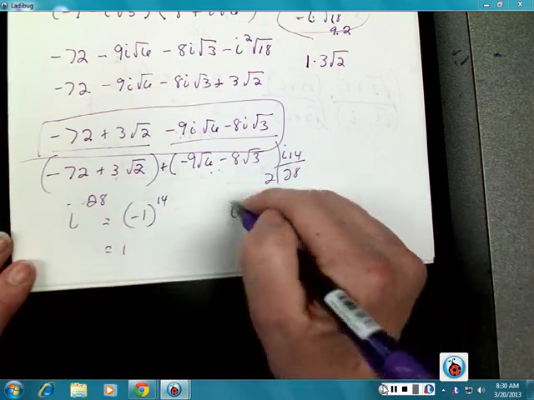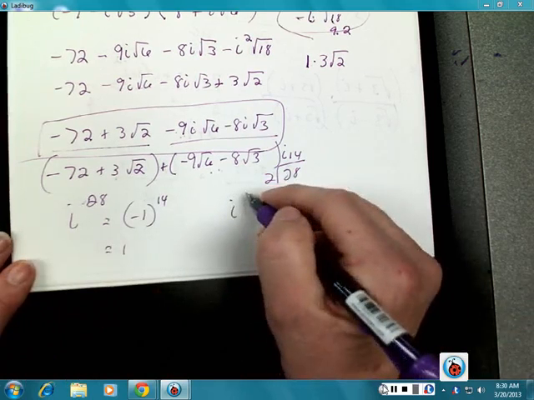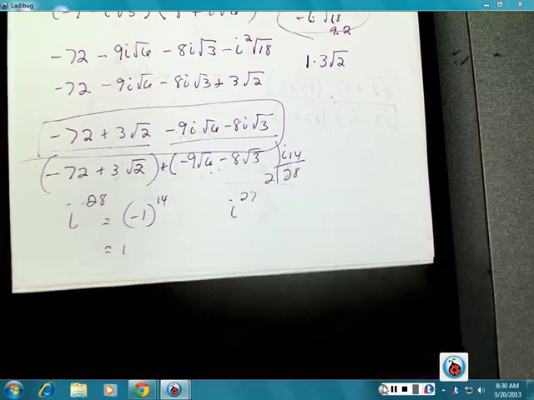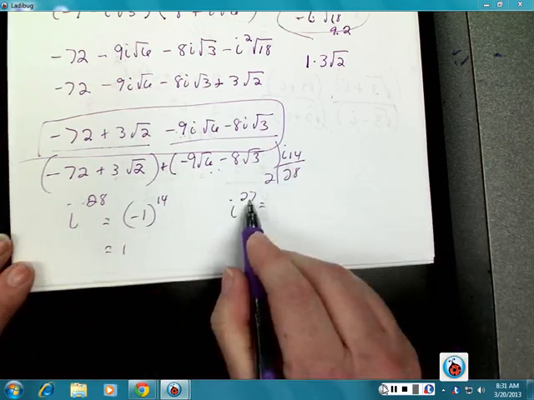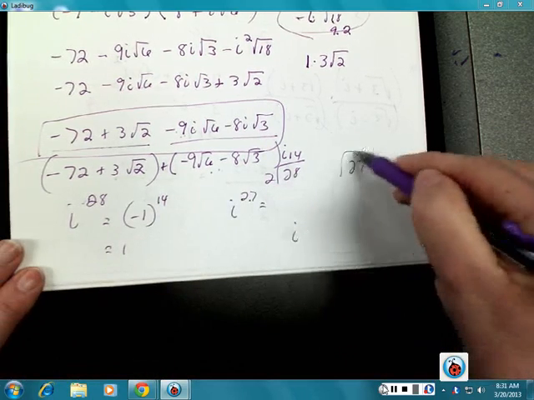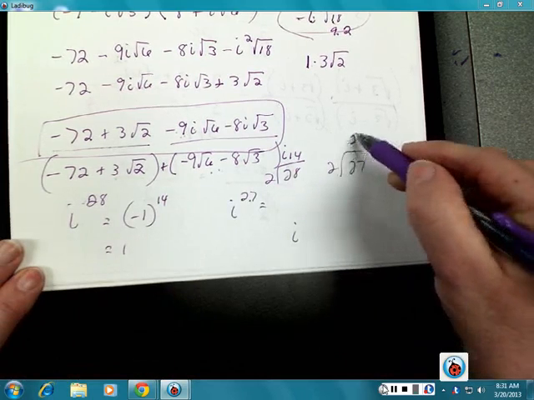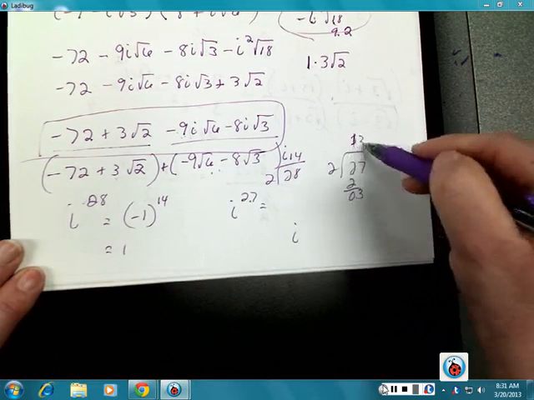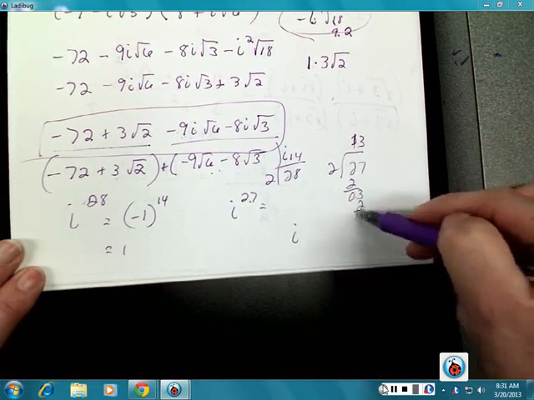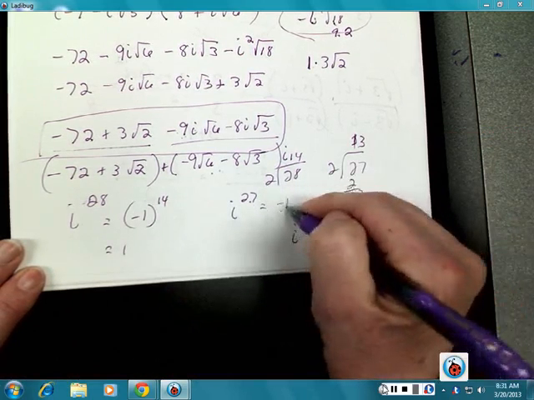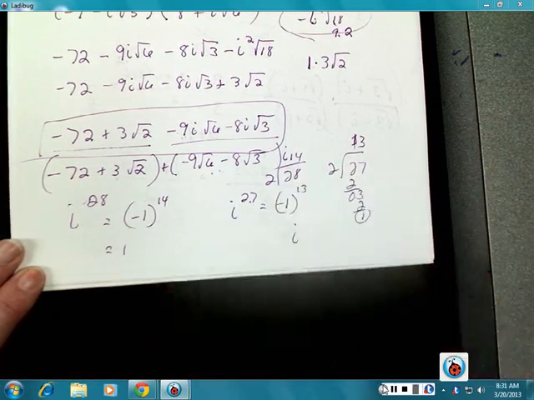An example might be i to the 27th. If I did i to the 27th, 27 is not even, so I know there's going to be an i left over. 27 divided by 2 goes in there 13 times, with 1 left over, which meant my i is left over, but then I have a negative 1 to the 13th power.